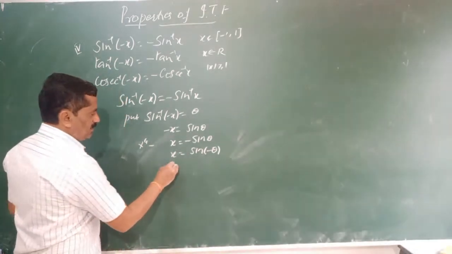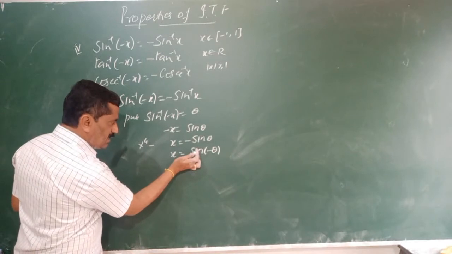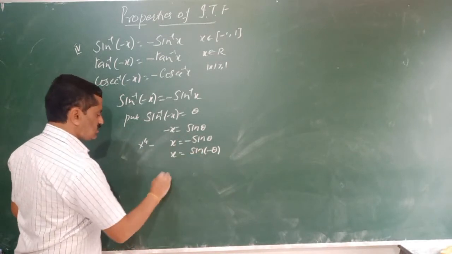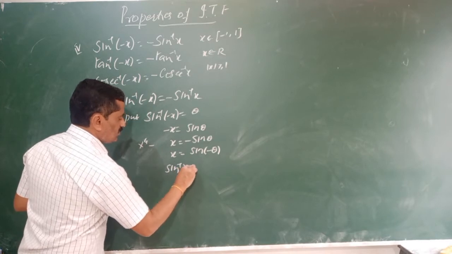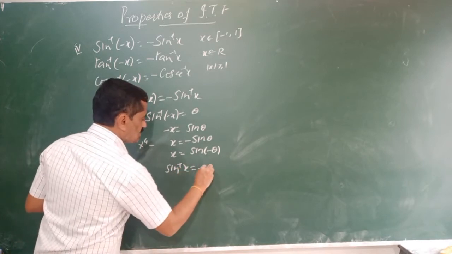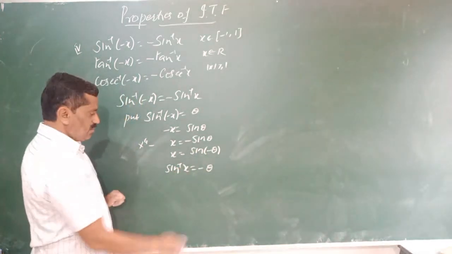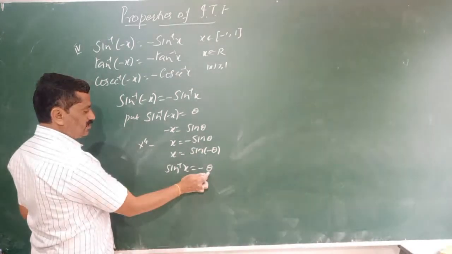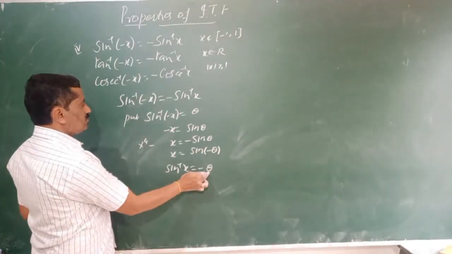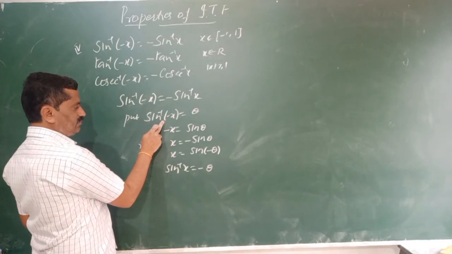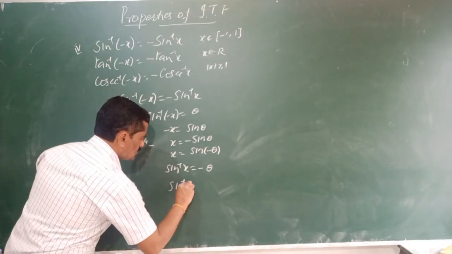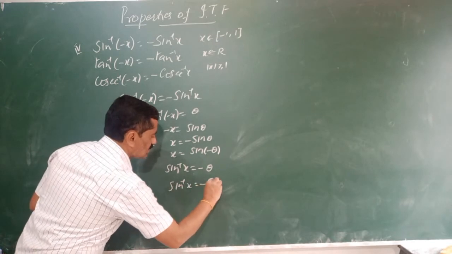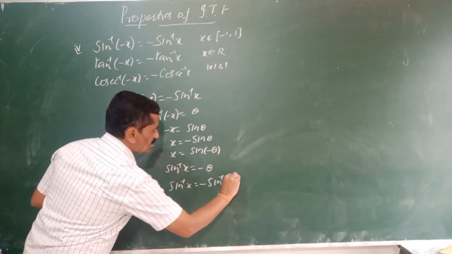So now bring the sine to the LHS. Therefore sine inverse x is equal to minus theta. But what is the value of theta? Here we have sine inverse of minus x. Therefore sine inverse of x is equal to minus sine inverse of minus x.